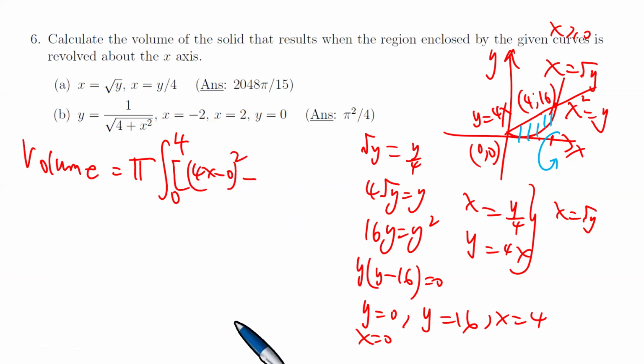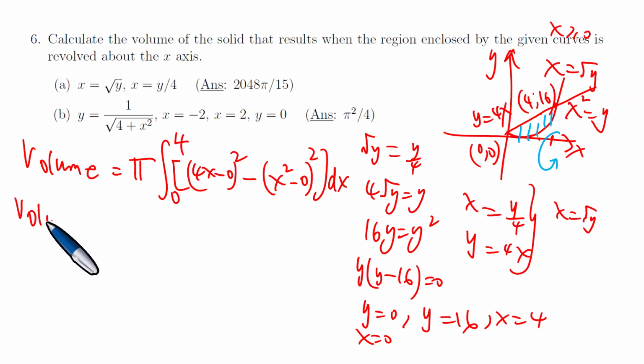And then you subtract also the inner radius. The inner radius becomes x squared minus the y component, squared, dx, giving us the volume.